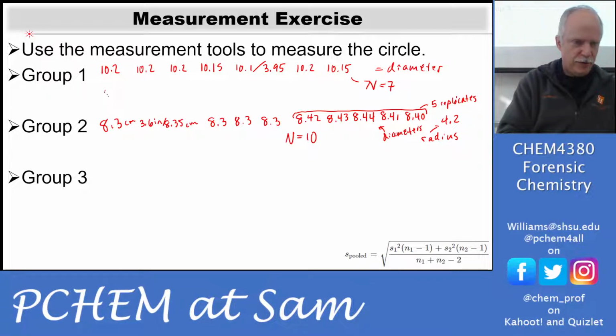Group 3, so we have 5.4 centimeters. That's diameter. And 5.3, 5.4. There's one, this is pretty cool. They reported everything: the radius, diameter, area, and circumference.